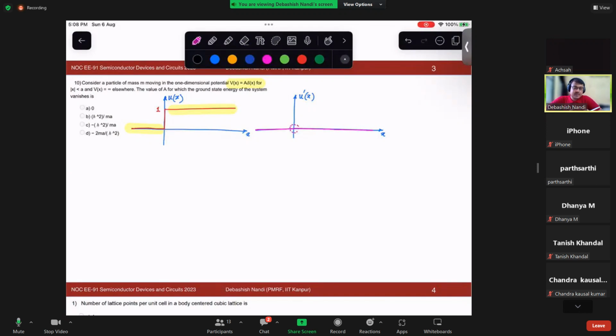It has a hard change, so the derivative doesn't exist at this point. So the mathematical manipulation is that we say at x equal to 0 we have an infinite amplitude, and this is defined by the delta function. The definition of delta x is that delta x equals infinity at x equal to 0.